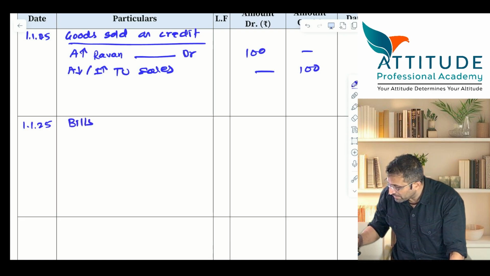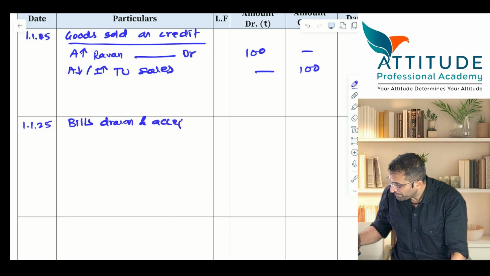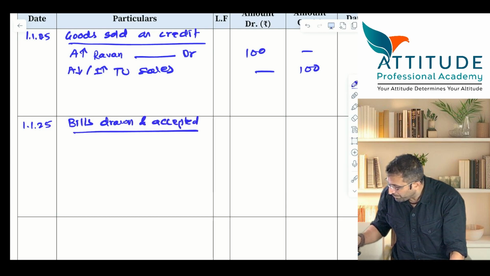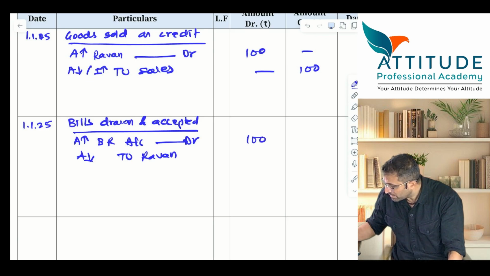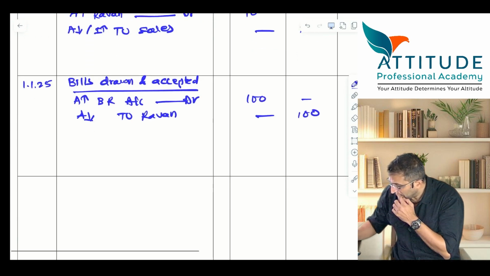Bills drawn and accepted. Bills receivable account debit. What should I write? Asset increases, to Ravan. What should I write? Asset reduces. Next.